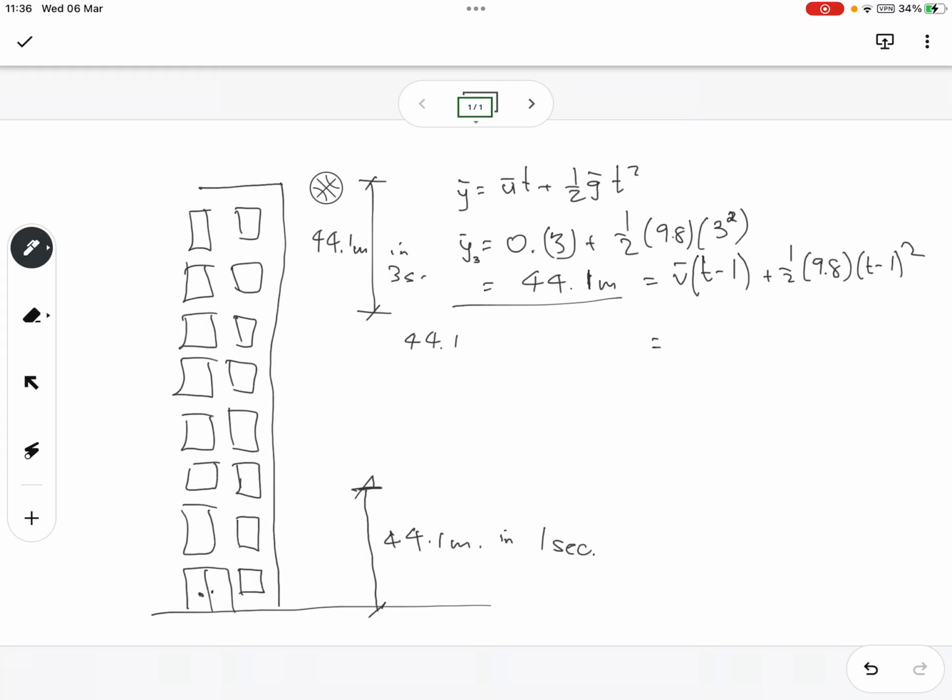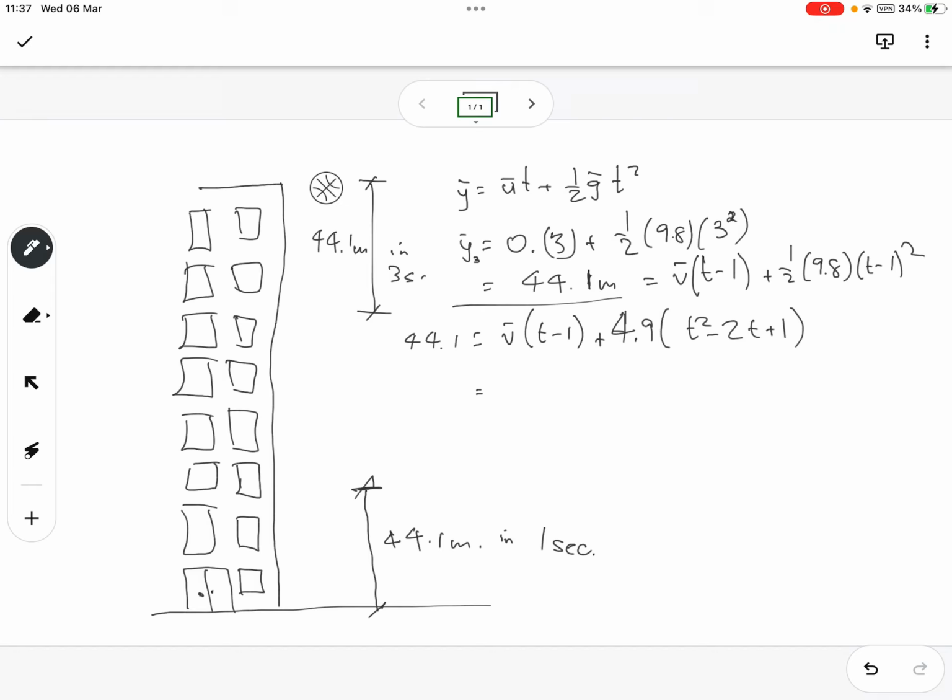Today it's doing faster. Can you see? It's refreshing faster. 44.1 is v t minus 1 plus a half, or rather let's say 4.9 times t squared minus 2t plus 1.